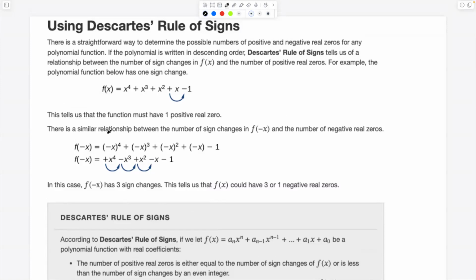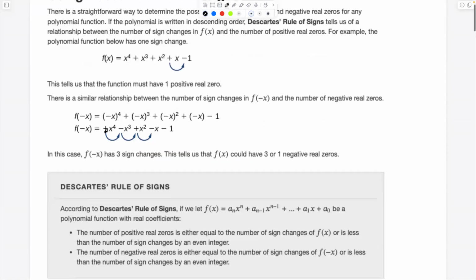Then when we replace all the x's with negative x, remember an even number of negatives will stay the same. An odd number of negatives will get the opposite of what we had. Negative 1 cubed is negative 1. Negative 1 squared is positive 1. So then we would count how many sign changes we have here.